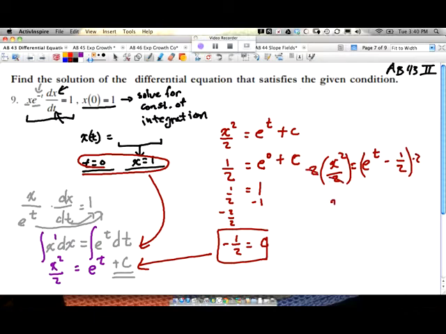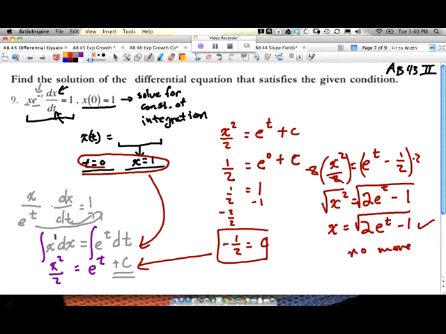That'll give me x squared equals 2e to the t, and then over here I'll have minus 1. Then I got to square root both sides, get rid of that squared. So x equals square root of 2e to the t minus 1. There we go. We figured it out.